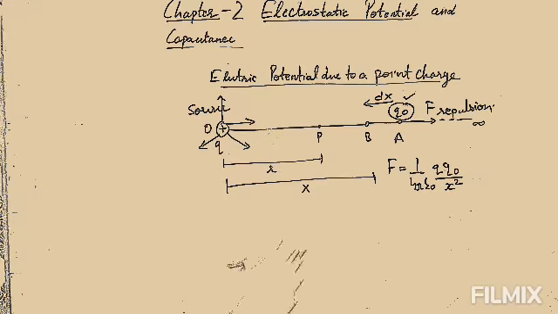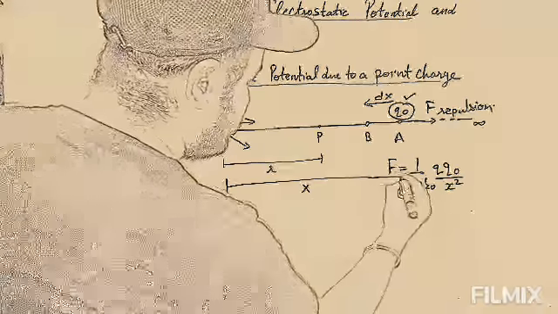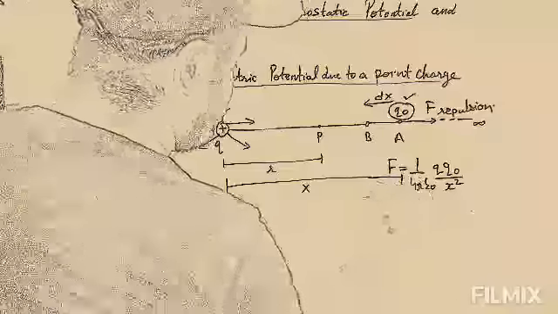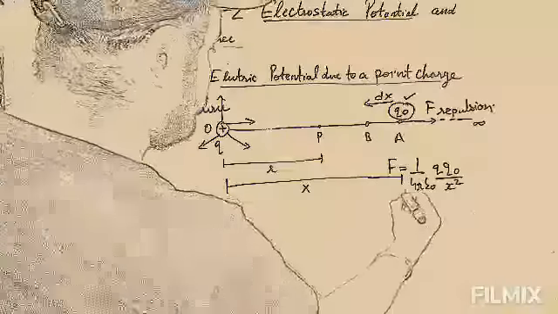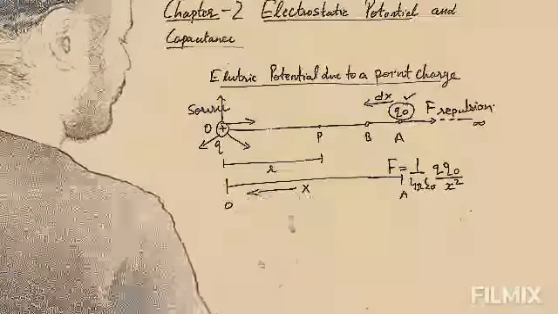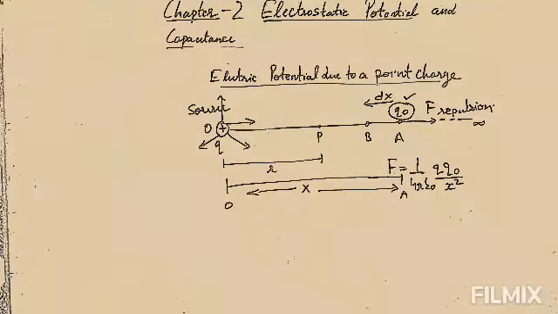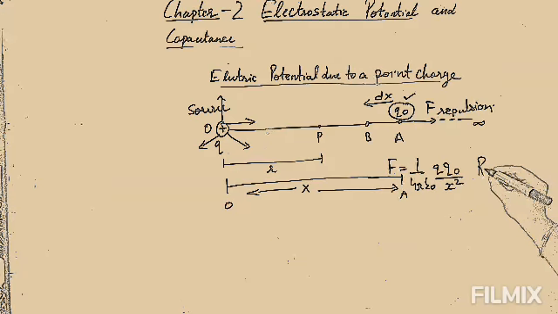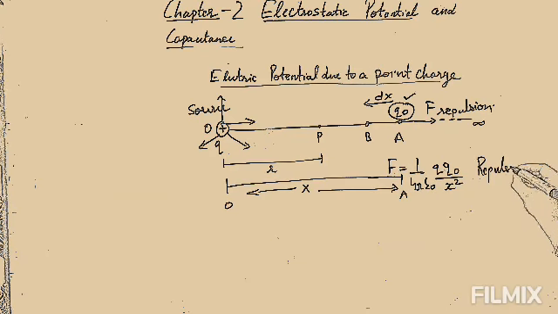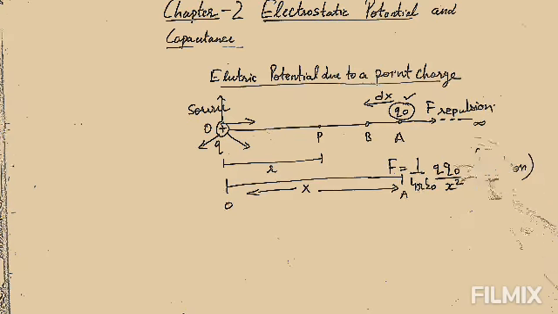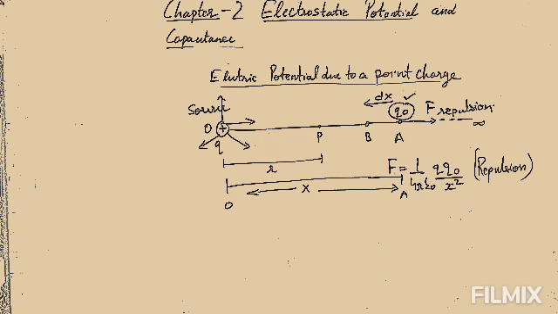This distance has to be taken where the charge is placed, from O to A, and the distance O to A is x. So the force of repulsion experienced by this test charge when placed at point A due to the source charge Q is given by F is equal to 1 by 4 pi epsilon naught Q Q naught by x square.